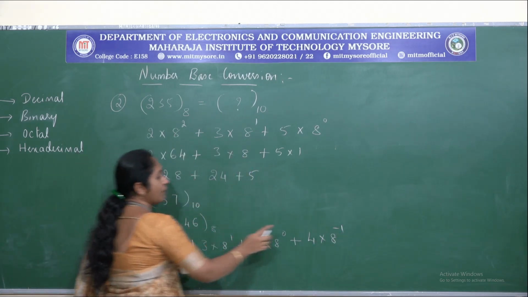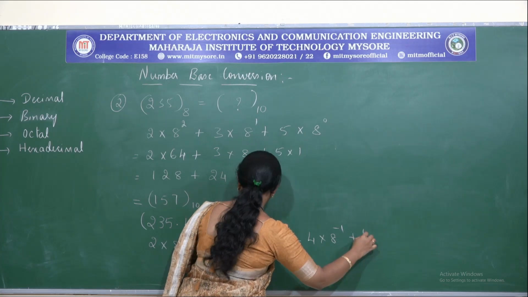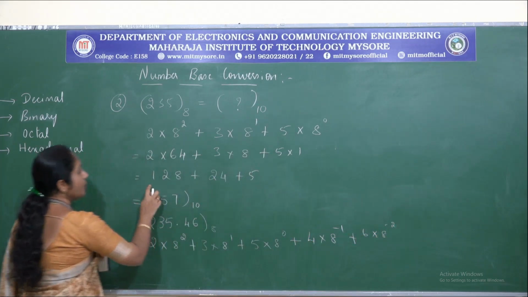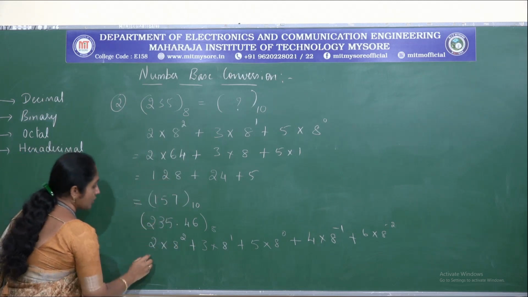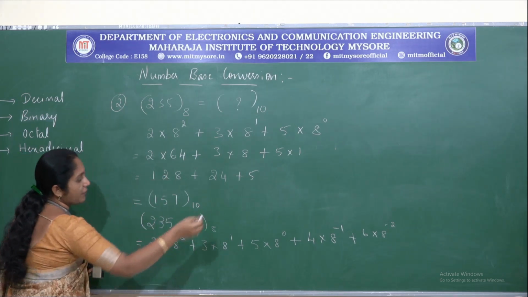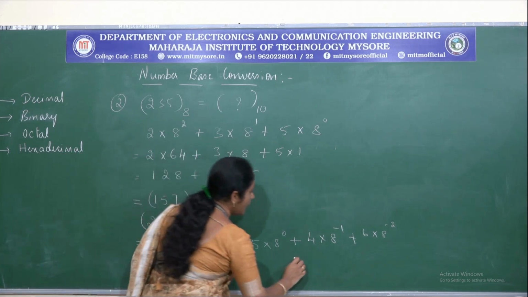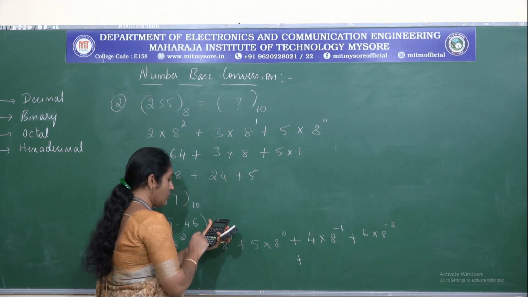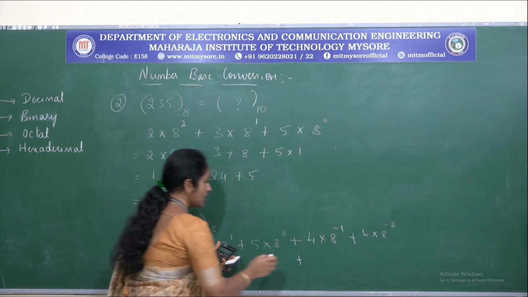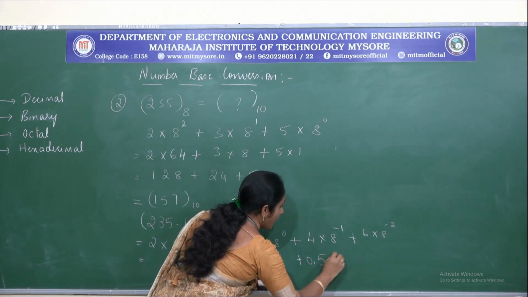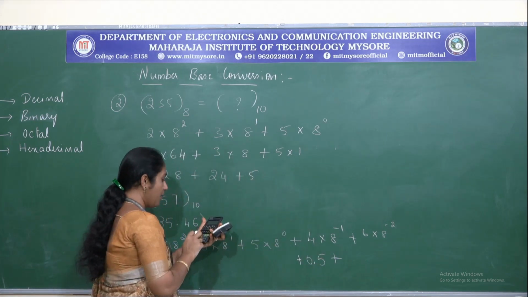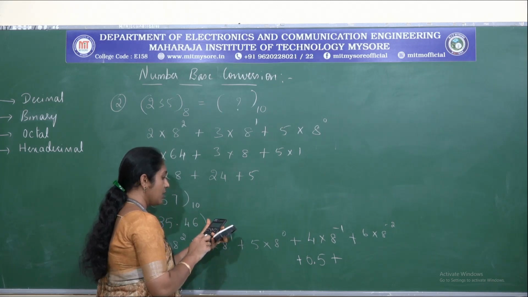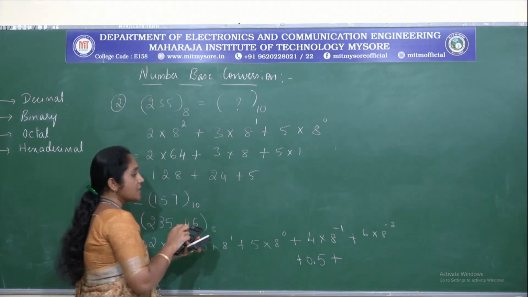So 4 into 8 power minus 1 plus 6 into 8 power minus 2. Here the whole number part will remain as it is. Let us find out the fractional part. 4 into 8 power minus 1, therefore 4 divided by 8, so it is 1 by 2, which is nothing but 0.5, plus 6 divided by 8 power 2. 8 square is 64.